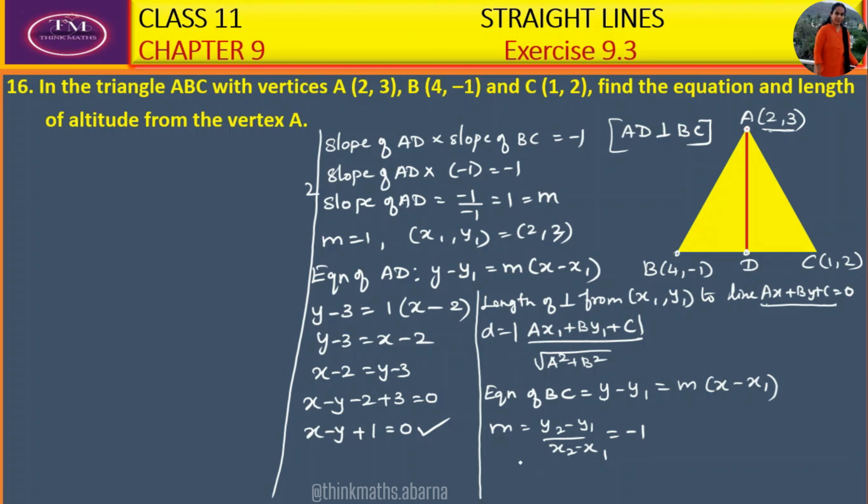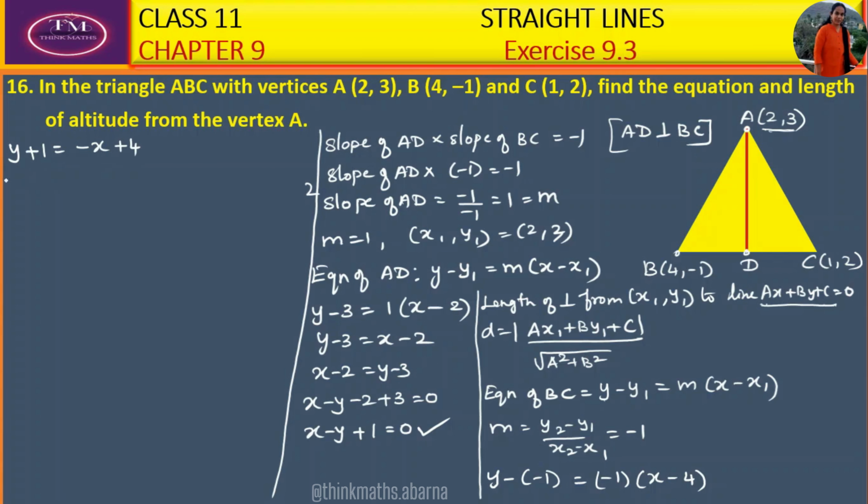So the equation of BC will be y minus y1, y1 is -1, equal to m, m is -1, into x minus, what is x1? It is 4. So it is y, minus into minus is plus, so y plus 1 equal to -x, minus into minus, it is plus 4.